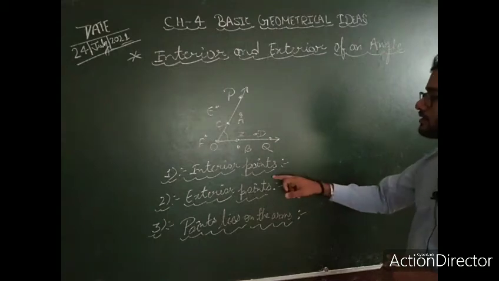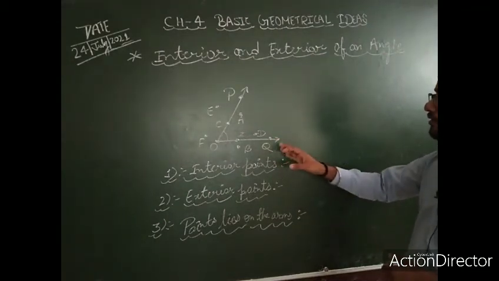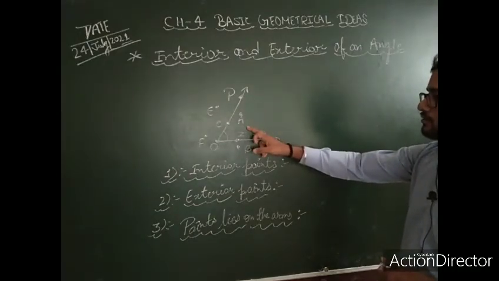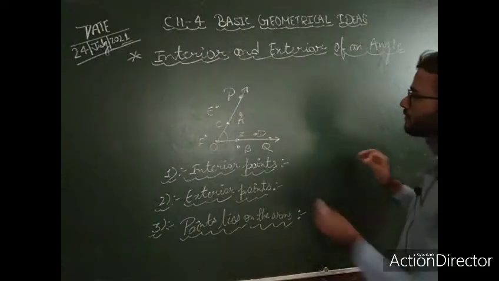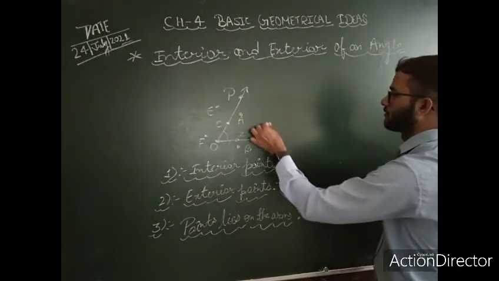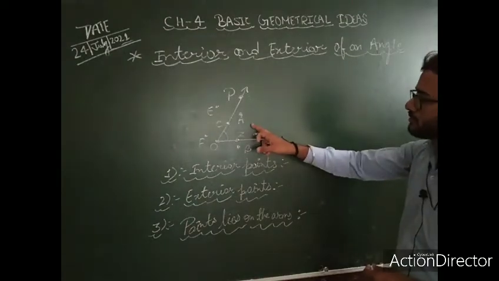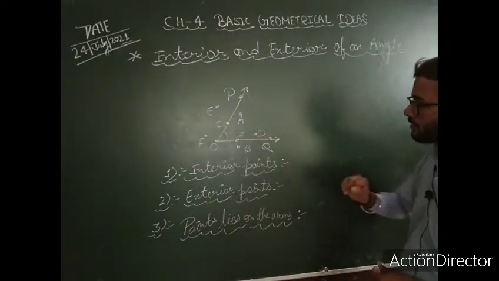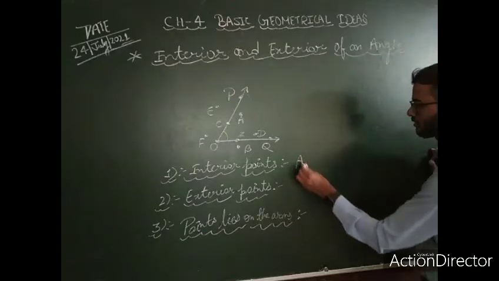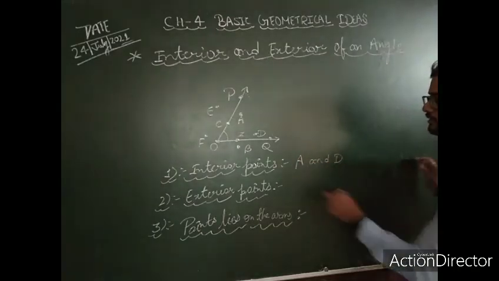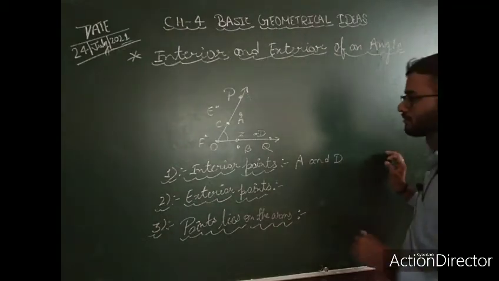What are the interior points here? Interior points are those points which lie on the inside of an angle. If you draw a line here, this part is interior. What are the points in this part? A and D. So here we write A and D points are interior points here.